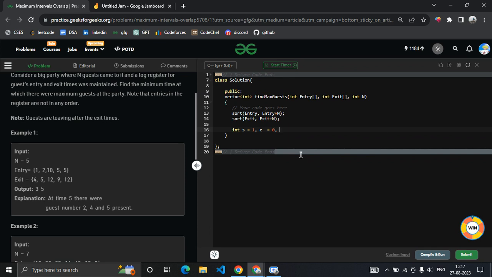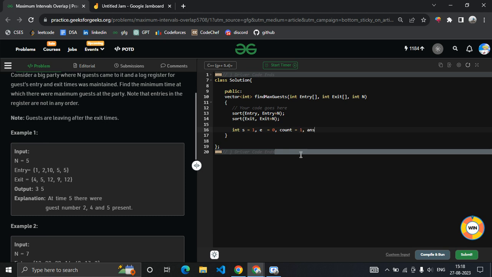Then we also want to maintain the count and the index, right? We'll maintain a count variable to maintain the number of guests present at that index. Count would be initially 1, right?